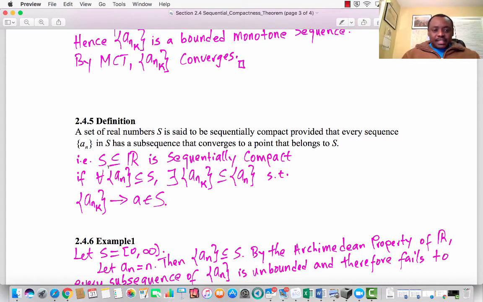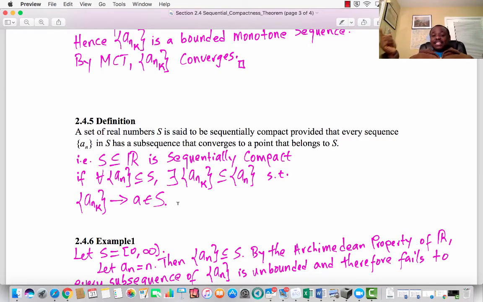If S is a subset of the set of real numbers, then S is said to be sequentially compact if for every sequence in S, I can always find a subsequence of that sequence such that the subsequence converges, and it converges to a point a, which is also an element in S. Recall that we are not talking about the convergence of the sequence itself.